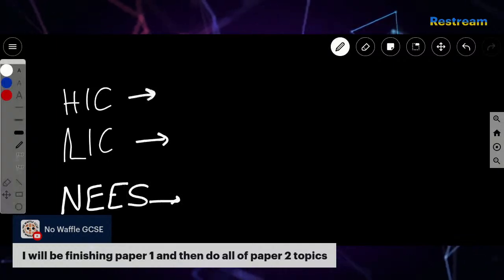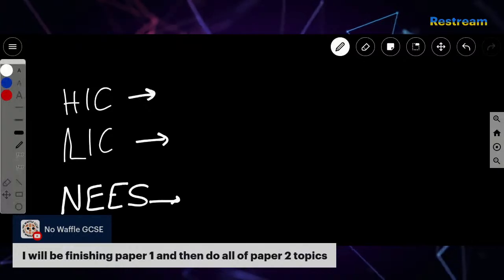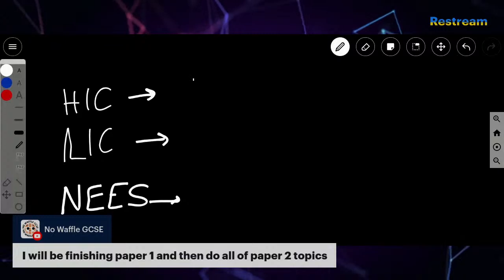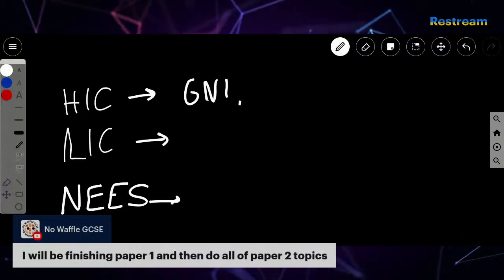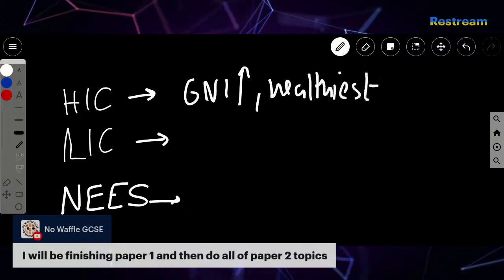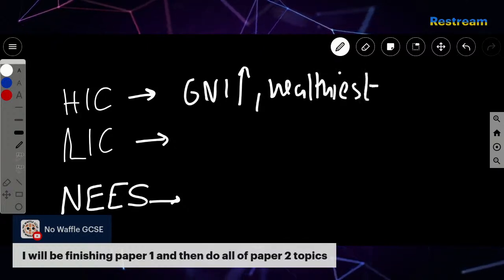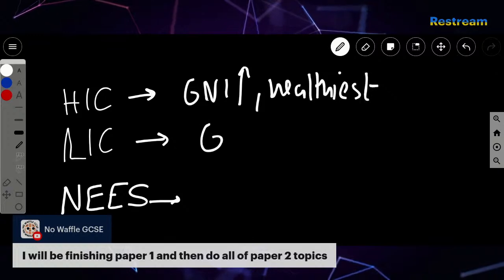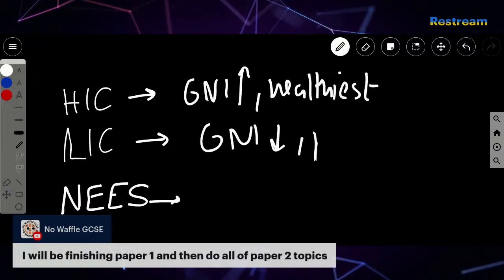So high income countries are the wealthiest countries per head. The GNI in these countries is super high. The low income countries, therefore, are the poorest countries, the countries with the lowest GNI.